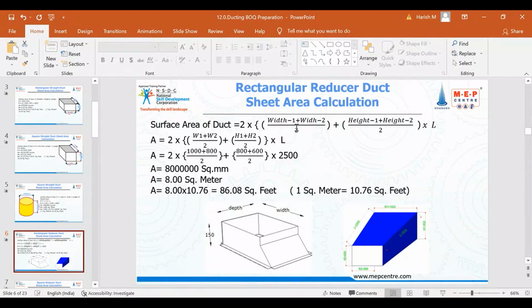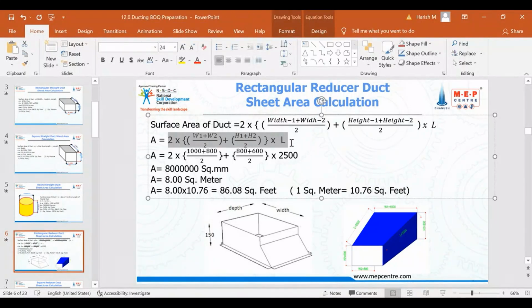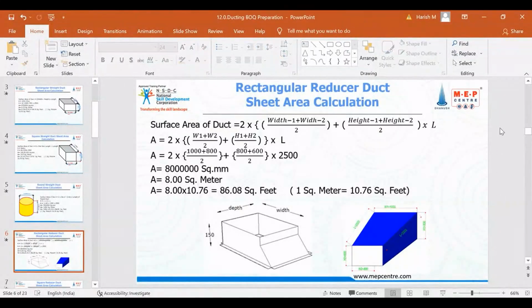Width 1 plus width 2 by 2, height 1 plus height 2 by 2. The formula is the same, but we are taking an average.